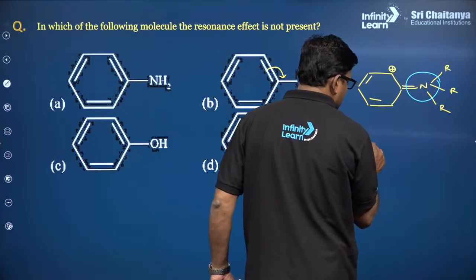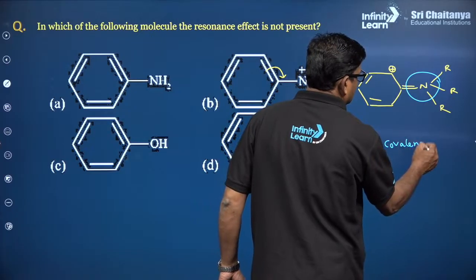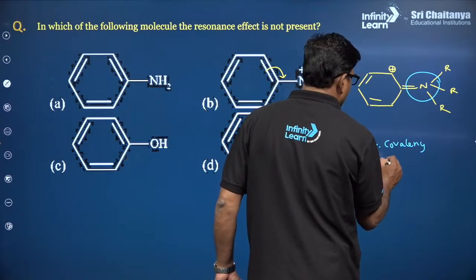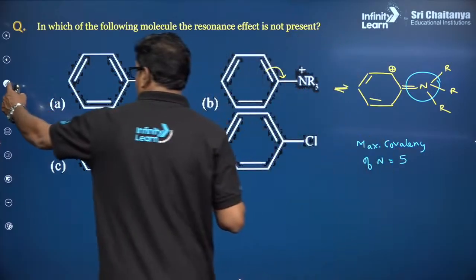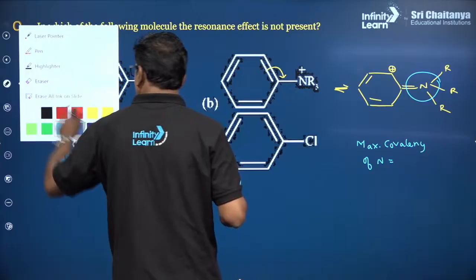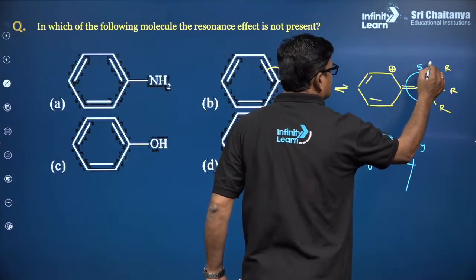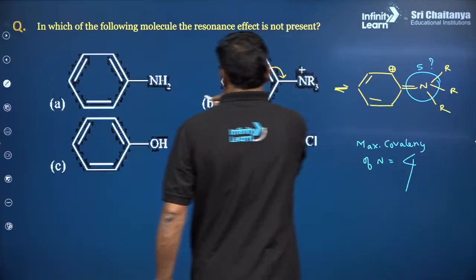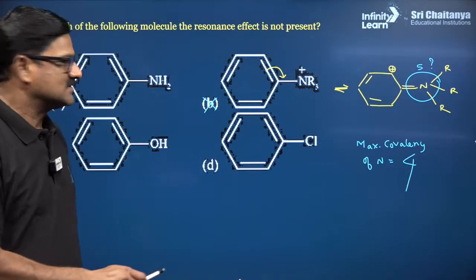The maximum covalency of nitrogen is 4. It cannot form 5 covalent bonds. So it is forming 5 bonds, how is it possible? It is wrong. So this does not participate in resonance, right?